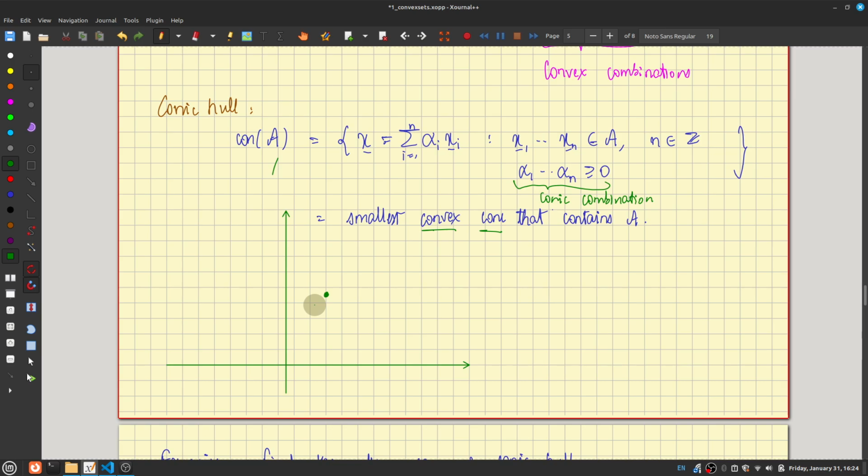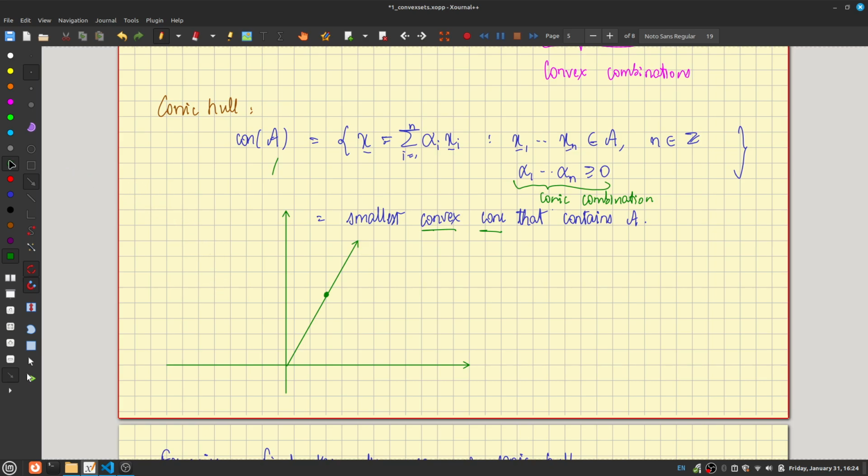The set is just a singleton. It has to be a cone. So it is the ray that starts from the origin and passes through this particular point. So this would be the conic hull of the set A.